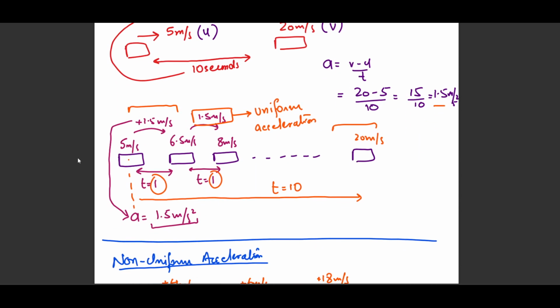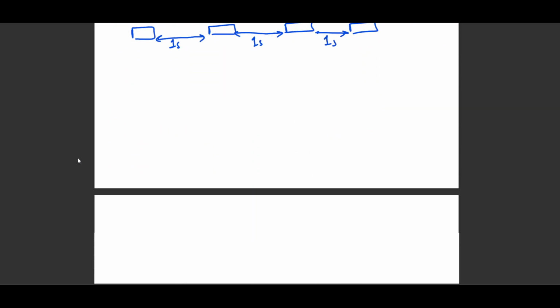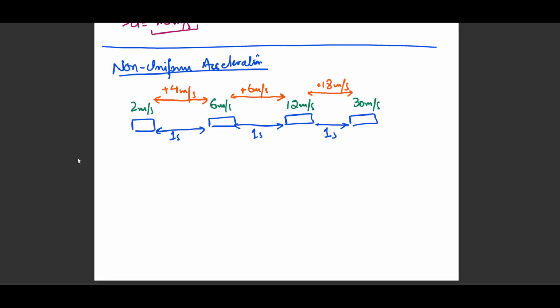Even in this example, we had a fixed value of 1.5, and in final stages it was 1.5. Over here, the change is not uniform. It is changing at changing times, right? So this was its journey at time t equals 0. This was after t equals 1. This was when 2 seconds had passed by, and this was when 3 seconds had passed by.